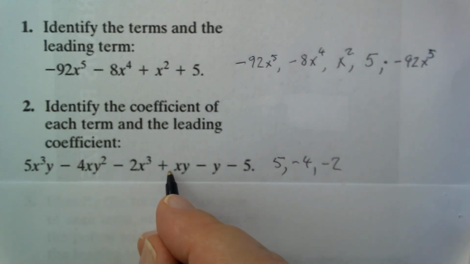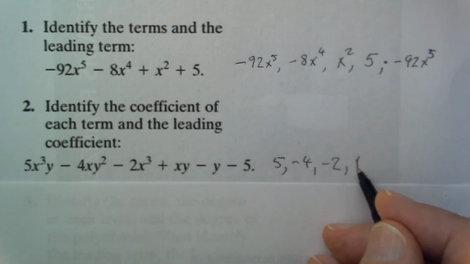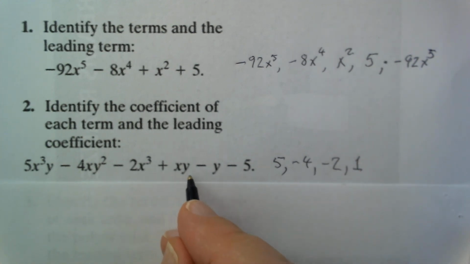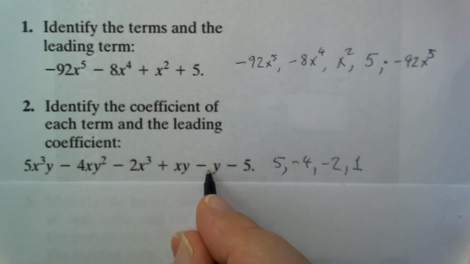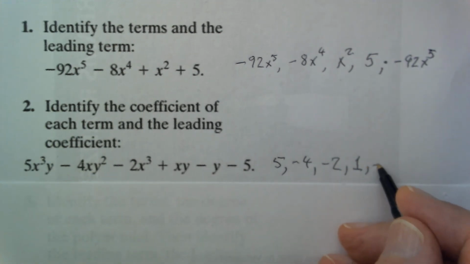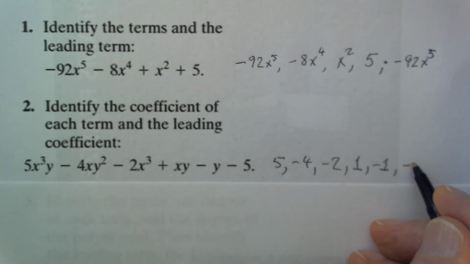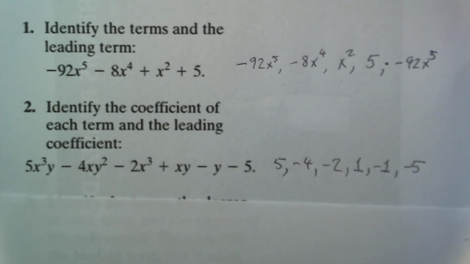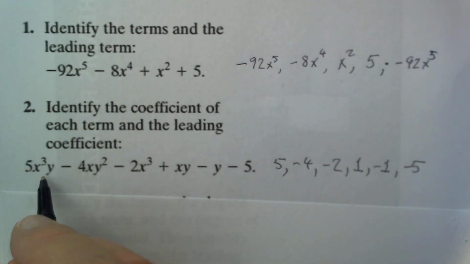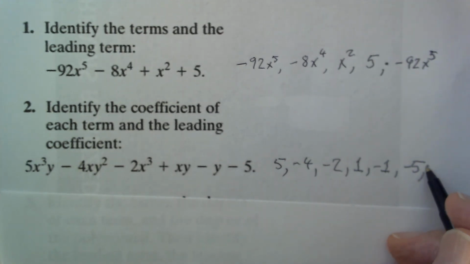For this one, even though there's not a number, there's an implied 1, so it would be 1. And then for this term, the coefficient would be minus 1. And then simply the constant term would be negative 5. And the leading coefficient would be the coefficient of the term with the highest degree, and so the leading coefficient would be 5.